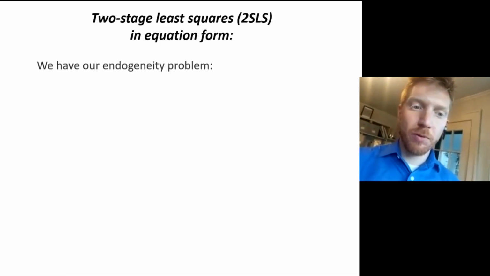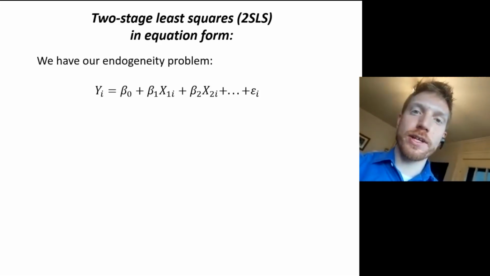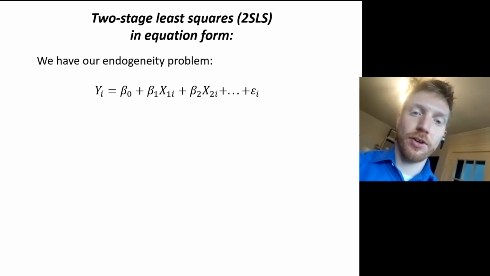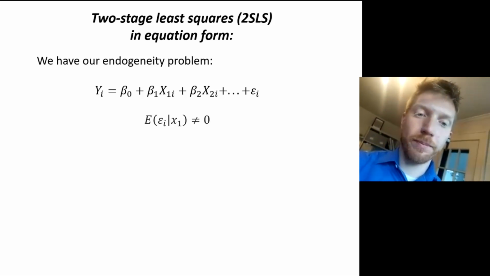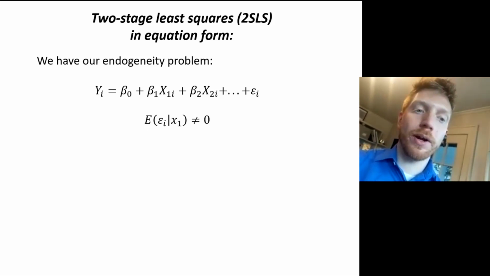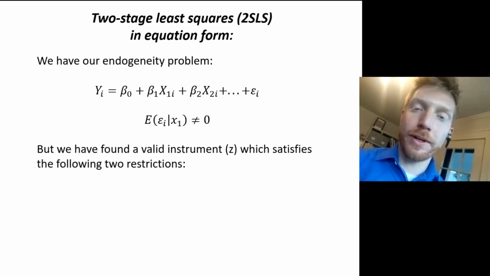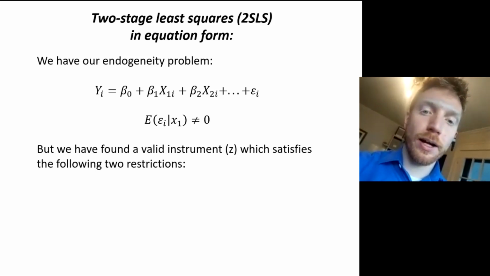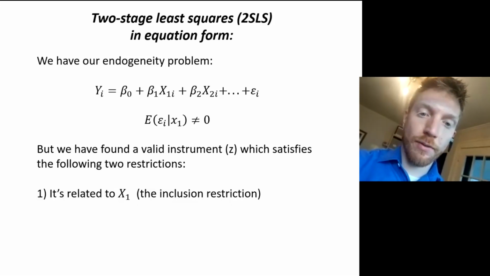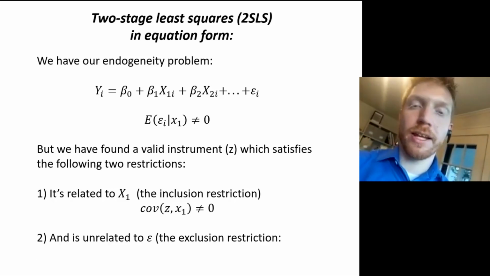We've seen this before, but I want to emphasize that we often do this in a multivariate setup where we have an x2 as well as just our x1. Again, we're worried about endogeneity here, where the error term and x1 are potentially correlated, but we found a valid instrument that is related to x and unrelated to the error term.